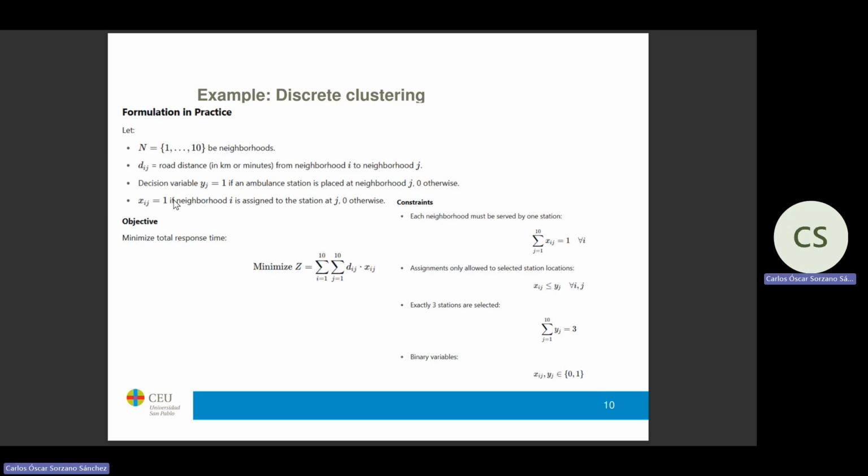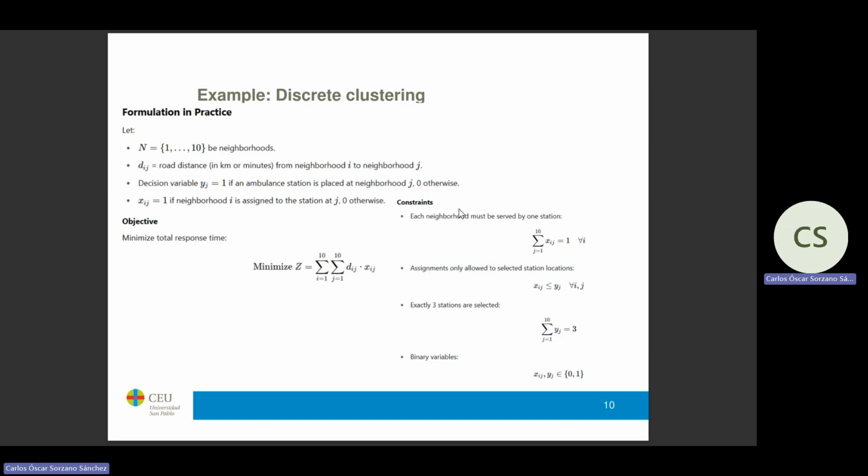And xij is 1 if neighborhood i is assigned to the station at j, or 0 otherwise. So again, the two decision variables, yj and xij, will be 0 or 1. So what we want to minimize is the total response time. So it is again the distance matrix times your assignment. So it is the same as in the traveling salesman.